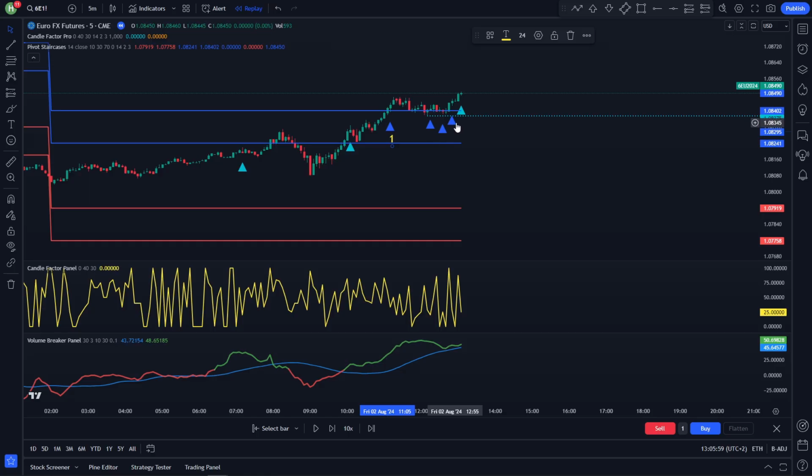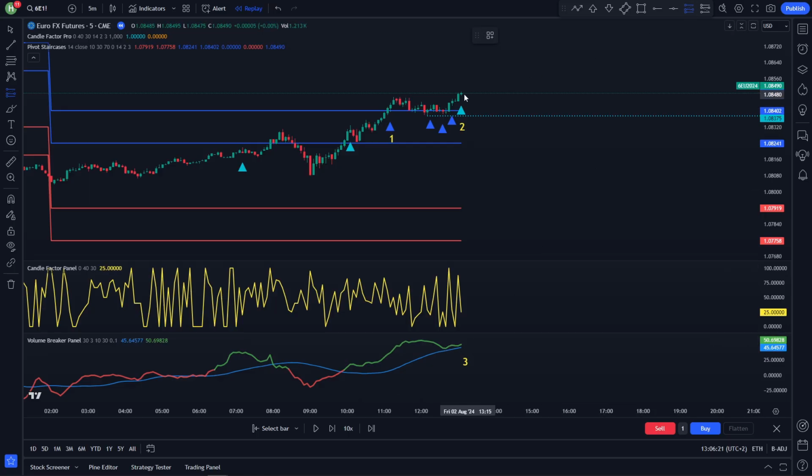Now, once price has crossed above this key level, we are waiting for the additional confirmation from the Candle Factor Pro. After receiving the additional confirmation, we can take a quick look at our volume indicator. From the volume breaker panel, we observe a green line which is rising above the average line.